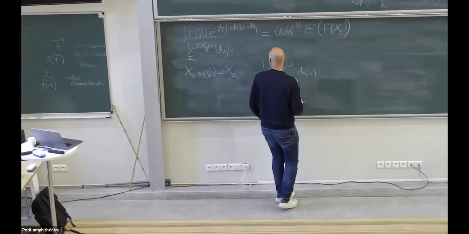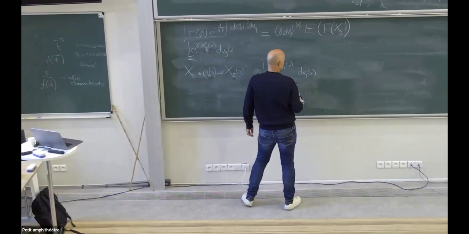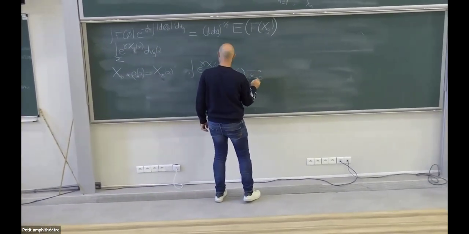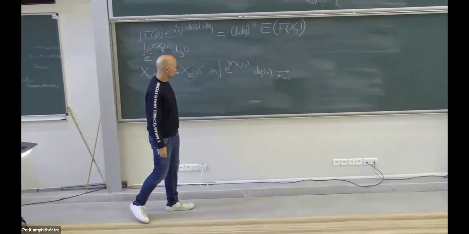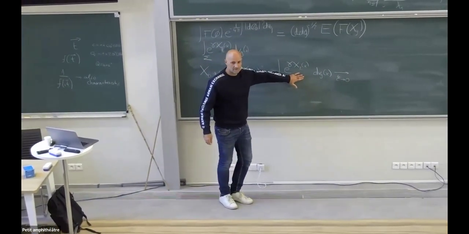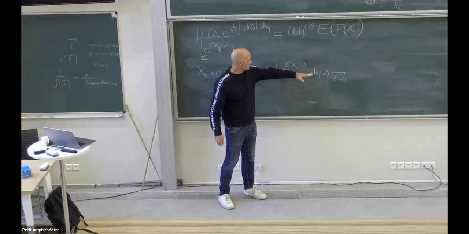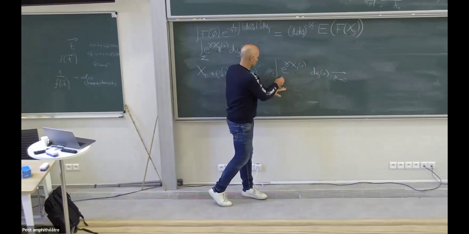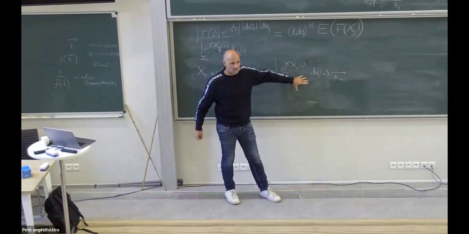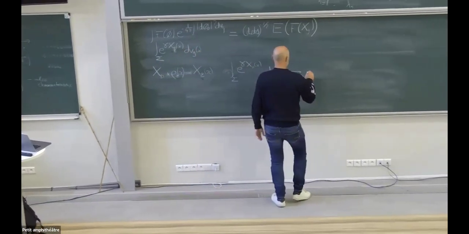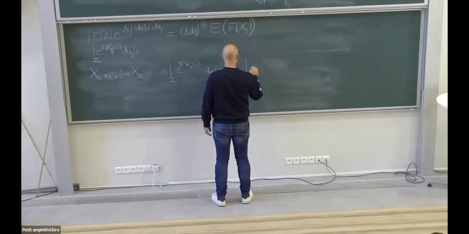So the thing is that this converges when epsilon goes to 0. This is a random function; you take its exponential, you integrate over the manifold, so you get a random quantity. It converges as a random variable to something.